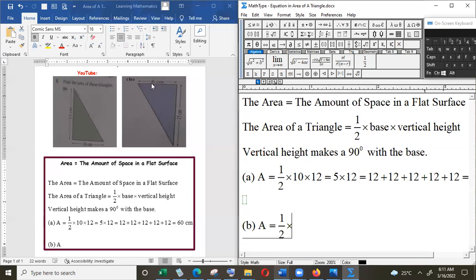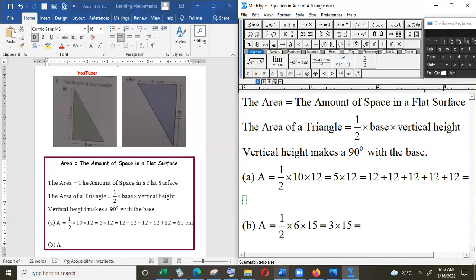Normally the base is horizontal, lying down flat. The vertical height is 15. A half times 6 times 15. A half of 6 is 3. 6 divided by 2 is 3. If you split 6 in 2 halves, you have a 3 and a 3. So half of 6 is 3, times 15.